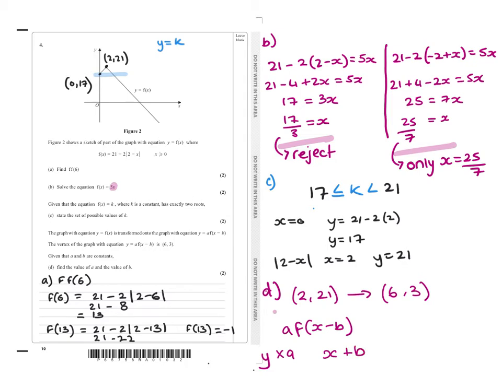So if you think about it, y times a, so 21 times the number is 3. So my a must be 1/7. And then 2 plus b is 6. So that means my b is 4.